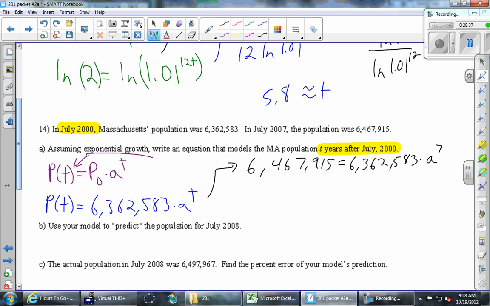And still trying to solve that mess for a. Are we first moving the 6.3 million or are we first moving the 7? Let's move that 6.3 million. So we'll divide both sides.